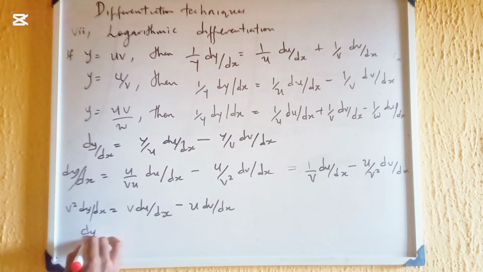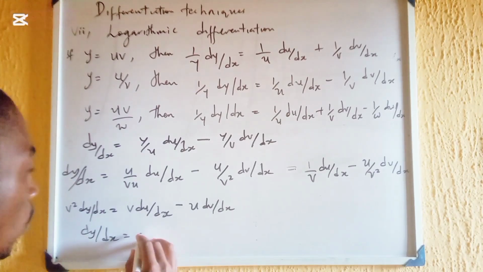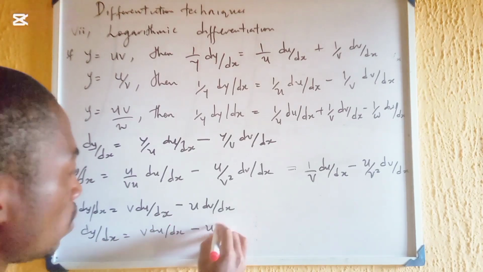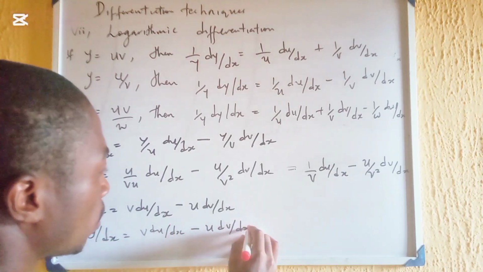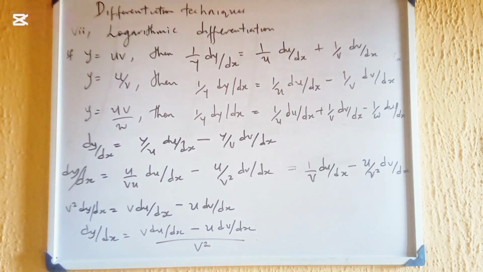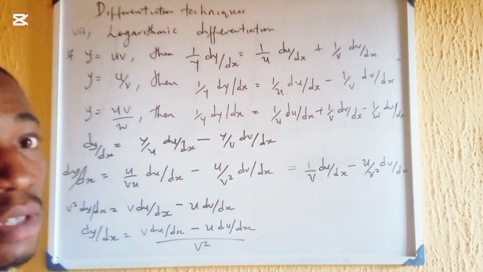We're having dy/dx is equal to v du/dx minus u dv/dx, over v squared. So you can see that this is the same thing as the quotient rule. So we've been able to verify that this expression is correct.